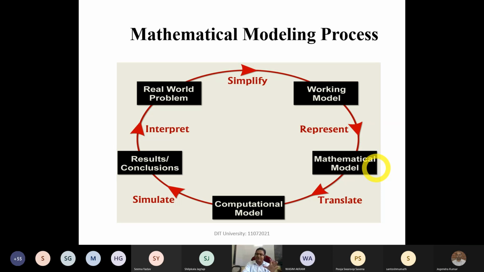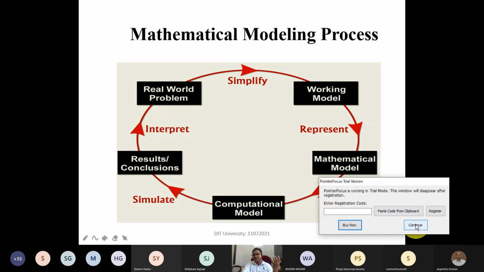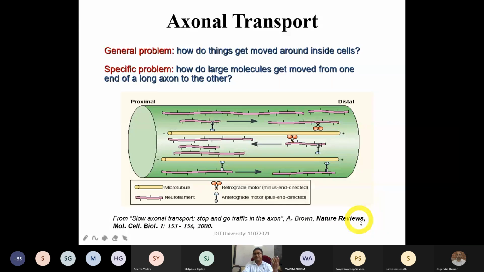That means you are estimating the parameters and so on. Once you have the parameters and all the mathematical modeling components, you will simulate it. Those simulations will give you the results and conclusions. And those results and conclusions must be interpreted with the real world problem which you have already chosen, right? Once you have done that, you can predict the future of this real world problem, right?